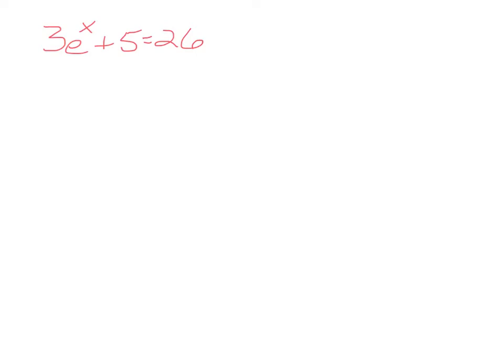So really the first step in all of this is to get everything that's not part of the base and exponent all on the other side of the equation. So I'm going to start off by subtracting 5 here and get 3e to the x equals 21. Divide by 3, so e to the x equals 7. And now since we have this number e, I'm going to take the natural log of both sides.